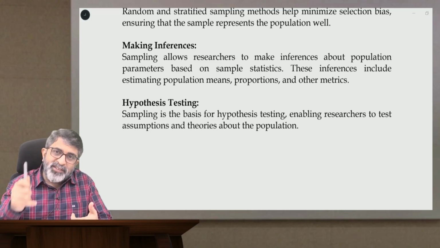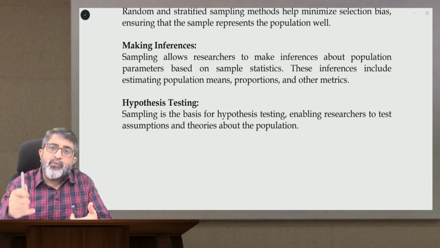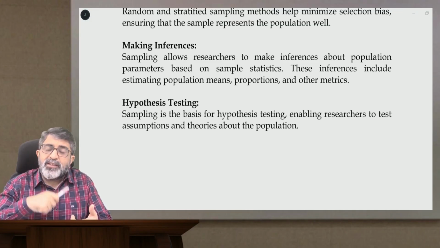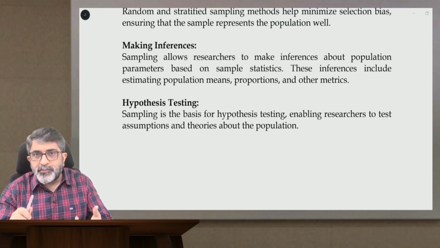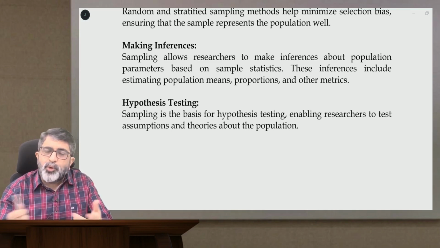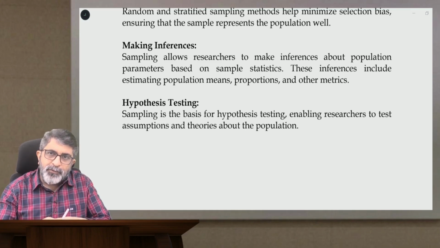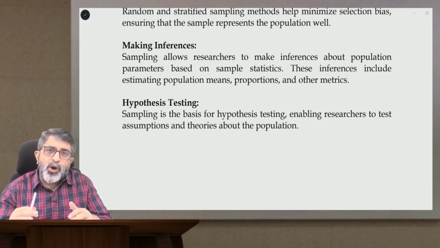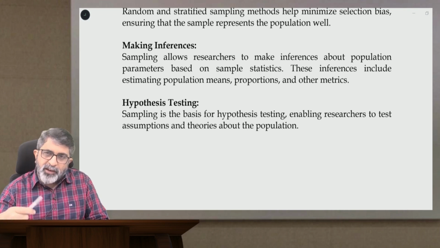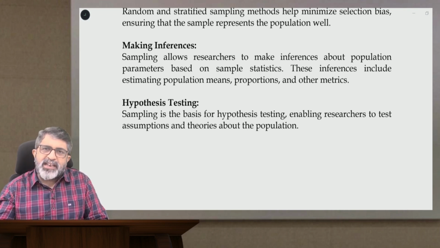Then through sampling distribution we will learn standard error and the central limit theorem, and some techniques like bootstrap and jackknife, which are used for drawing inferences. So it's a big topic, that is why I have divided that into parts.